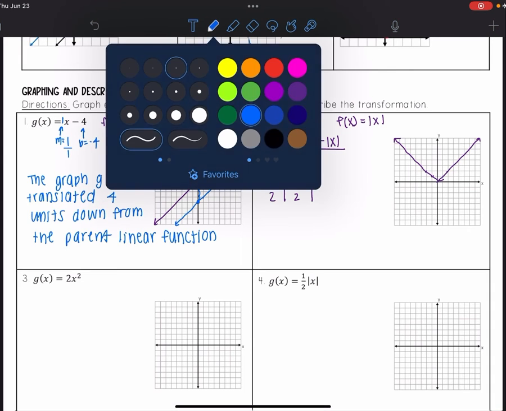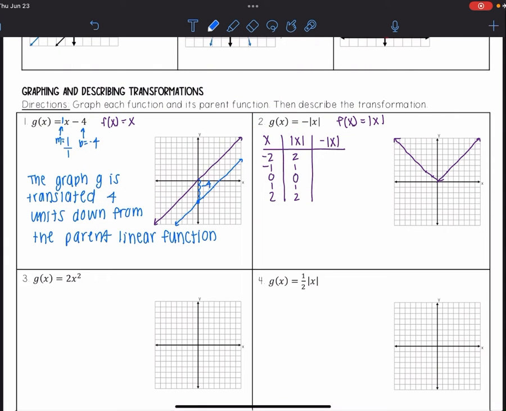Okay, now I'm going to go ahead and graph my function g. So my function g, I'm just taking the negative of my parent function. And so all of these are just going to become negative. And so when I plot that, I have 2, negative 2, 1, negative 1, 0, 0, 1, negative 1, 2, negative 2.